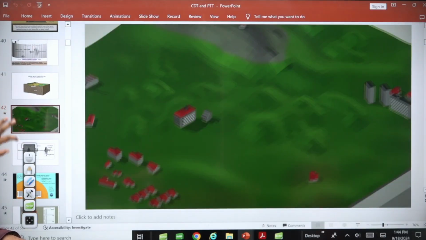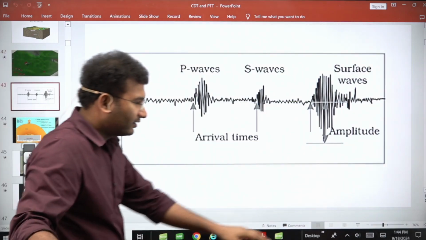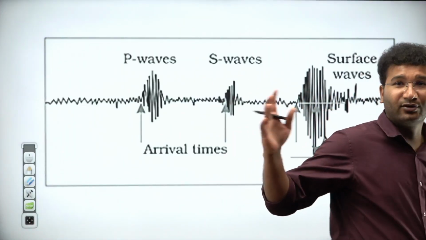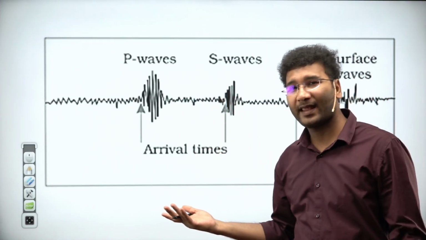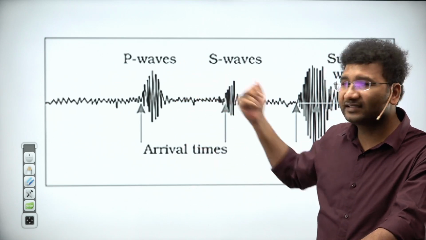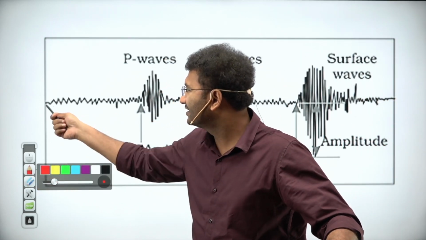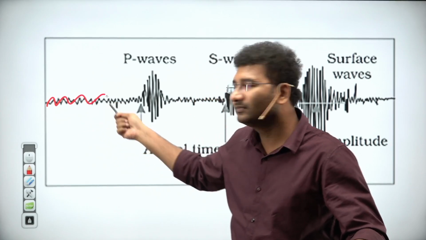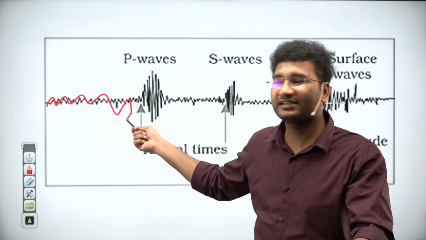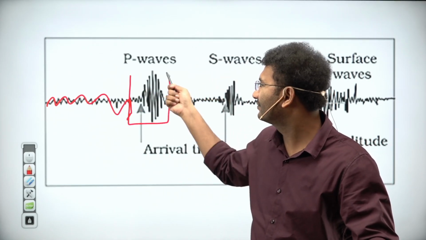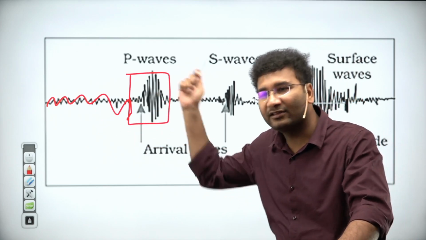Any doubt here? Now this type of diagram is also there in your NCERT. Okay? How to understand this diagram? Imagine that there is an earthquake. The first set of waves that you will receive is called P waves. Which waves come after that?